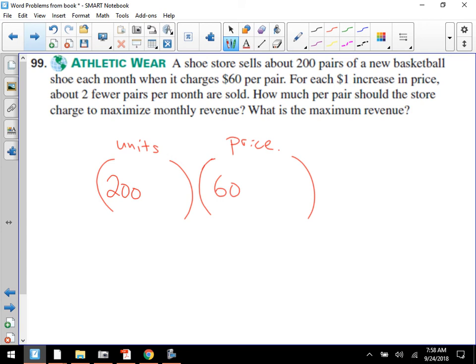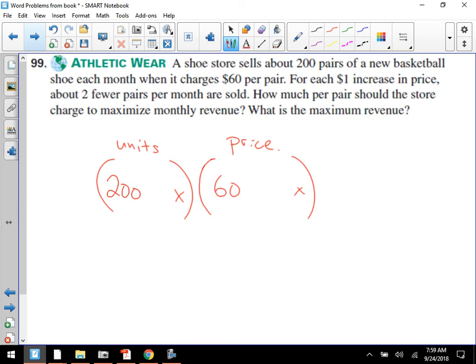Now, they talk about when they charge $60 per pair, for each $1 increase in price, 2 fewer pairs are sold. Now, here's where this kind of gets a little muddy. What happens here is there's going to be some multiplier for each one of them. That multiplier just means the number of times something happens.